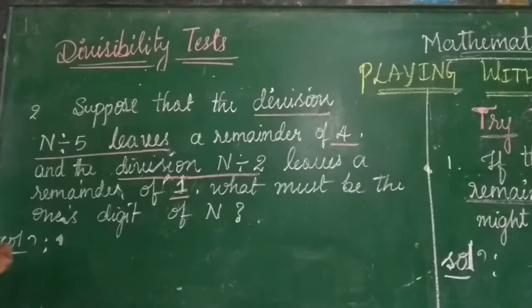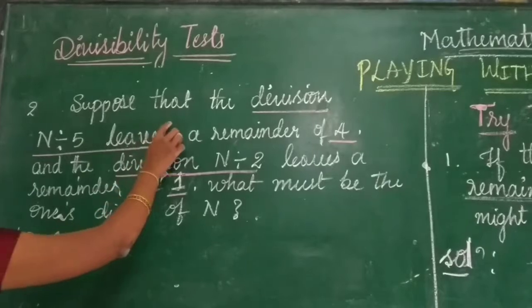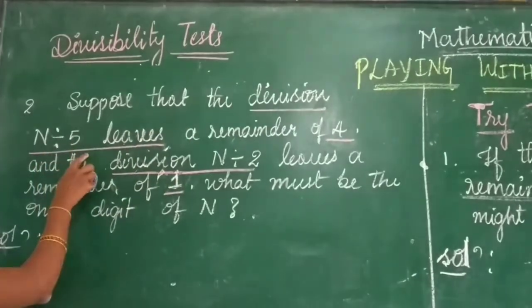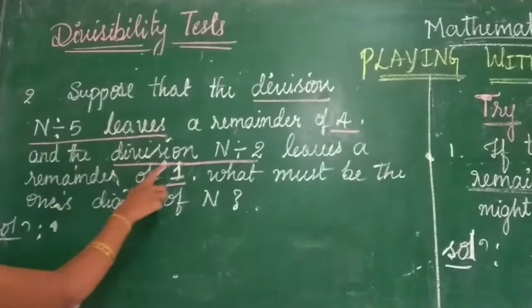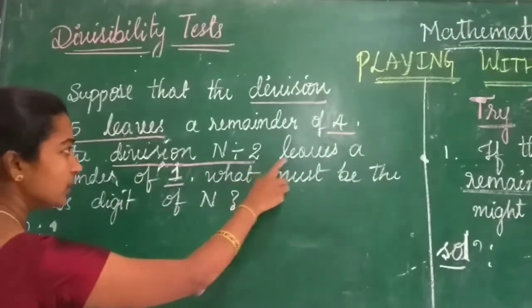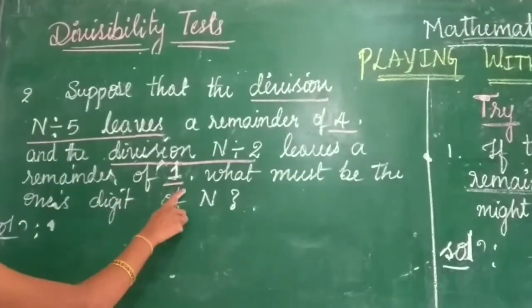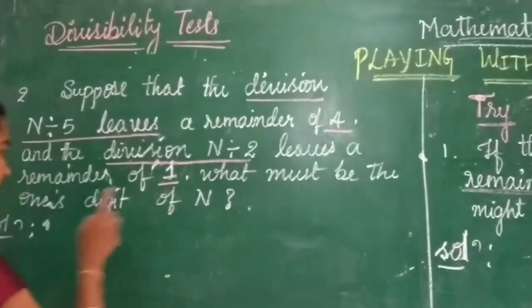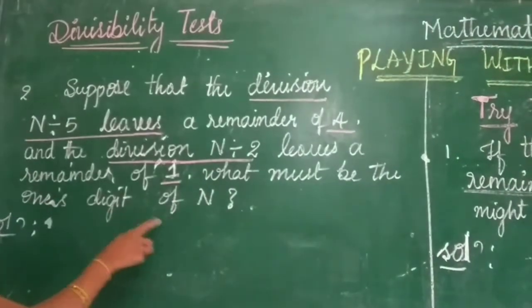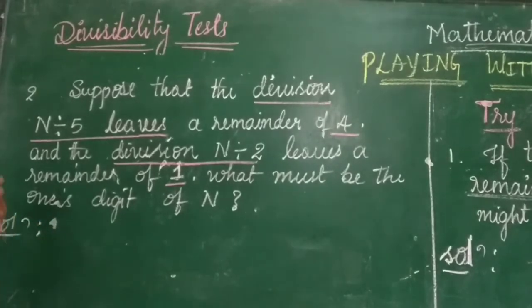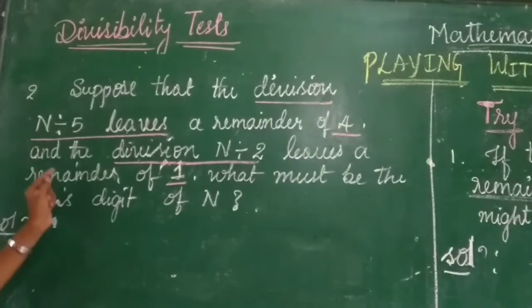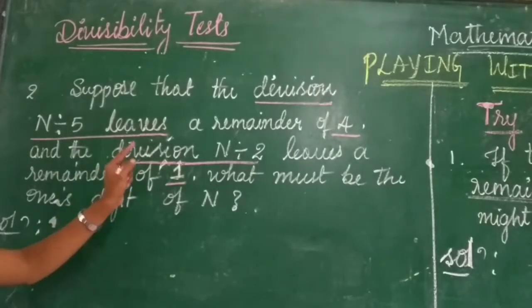Come to the second problem. Suppose that the division n divided by 5 leaves a remainder of 4 and the division n divided by 2 leaves a remainder of 1. What must be the ones digit of n? Here in this problem, 2 rules are used. One is divisibility by 5 and another one is divisibility by 2.